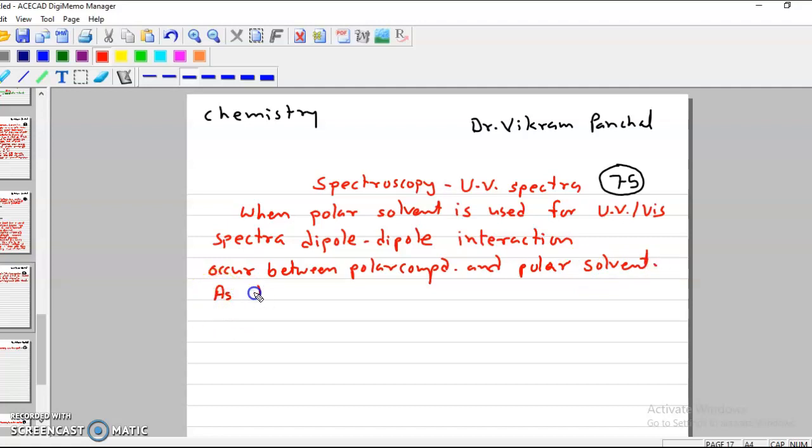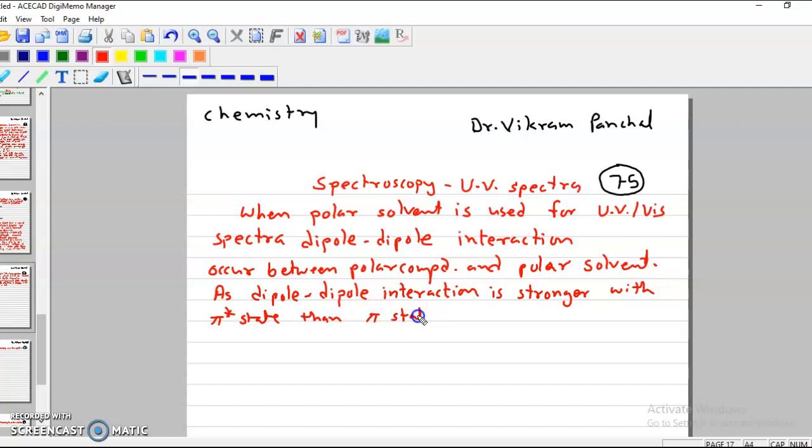As the dipole-dipole interaction is stronger with the more polar pi star state than the pi state, the loss of energy of the pi star state is greater than that of the pi state.